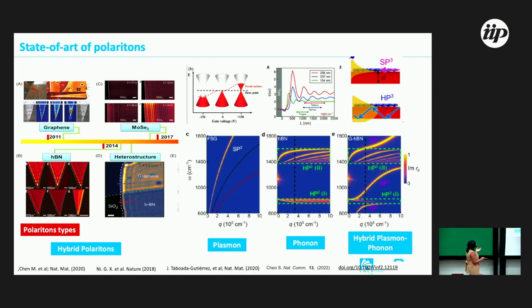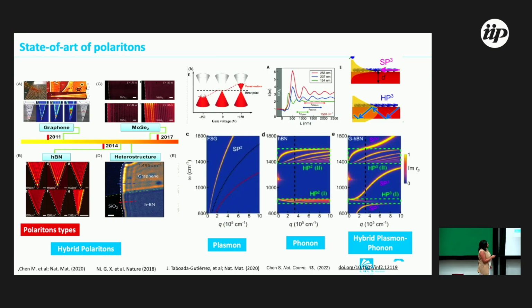And obviously, if we know that we can probe plasmon polaritons and phonon polaritons, the next step is to combine both. Here starts the study with hybrid polaritons. The good idea is to combine materials that support different types of polaritons.